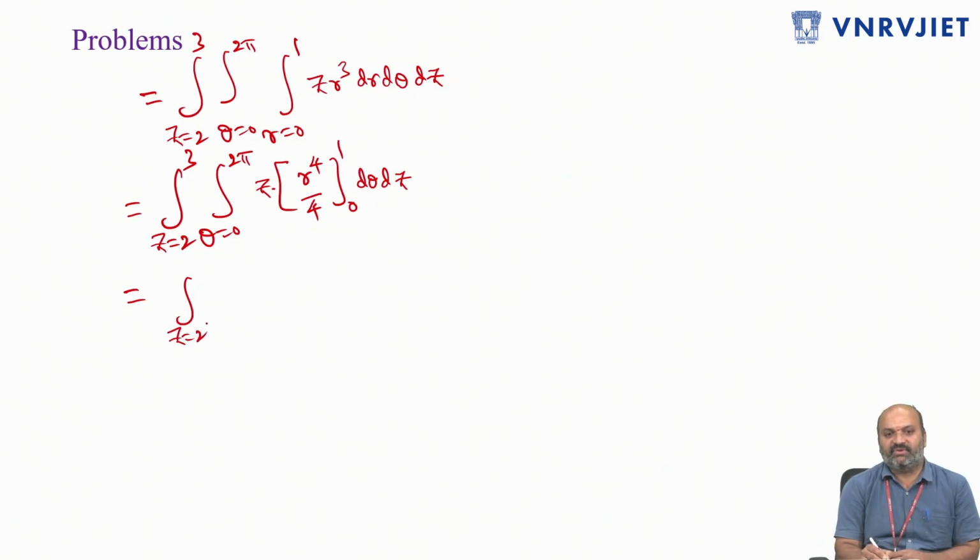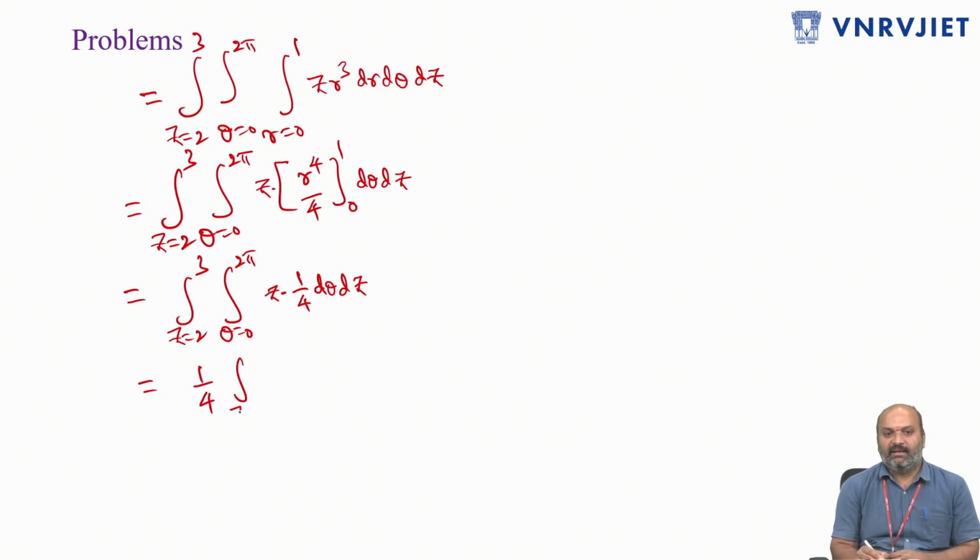Instead of r we substitute 1, so 1 by 4, minus substitution of lower limit 0, no contribution. So d theta into dz, and let's write this 1 by 4 outside of the integral. Next z varies from 2 to 3 and theta varies from 0 to 2 pi.